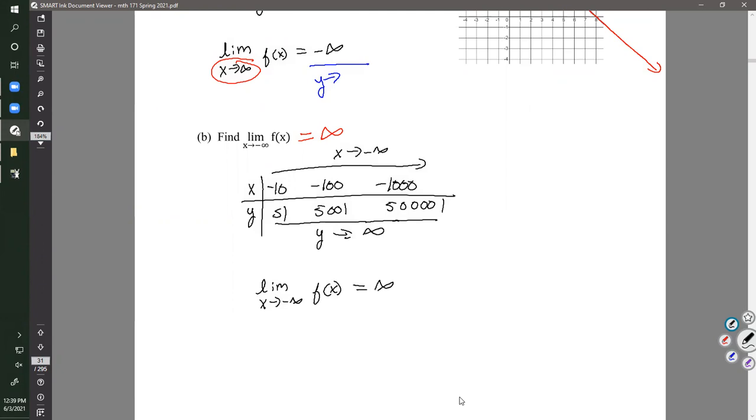Again, I know a lot of infinities are kind of flying around here. So just remember that on the right-hand side of the equals, this is what your y's are doing. And then down here is what your x's are doing.